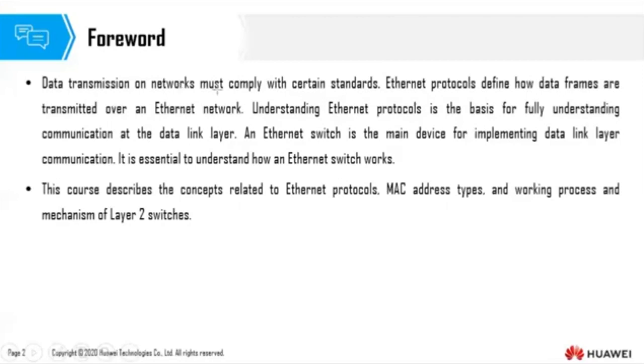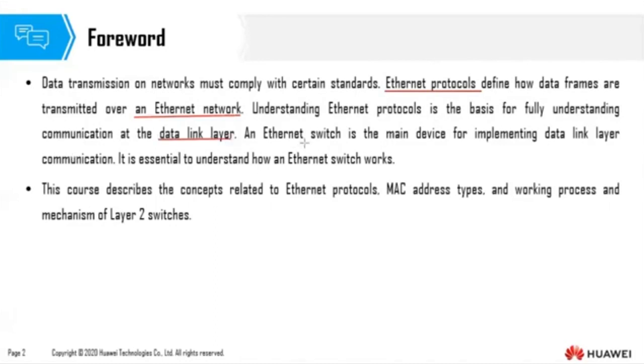Data transmission on networks must comply with certain standards. Ethernet protocols define how data frames are transmitted over the Ethernet network. Understanding Ethernet protocols is the basis for fully understanding communication at the data link layer.